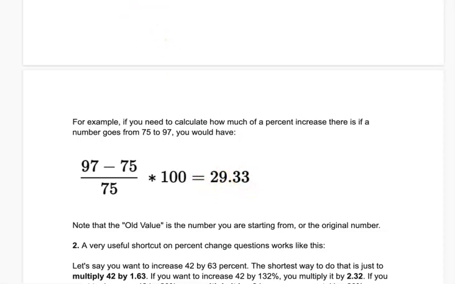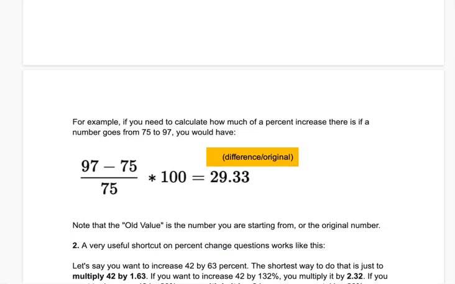Another way that I like to remember this, if it's easier, is to say this is the difference divided by the original, and you take that.